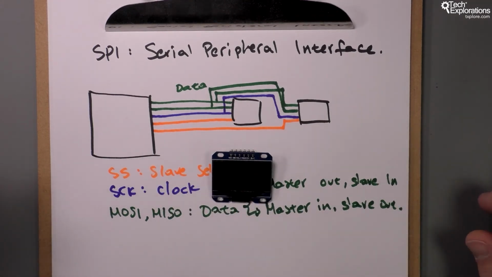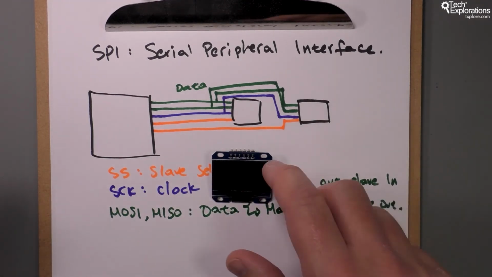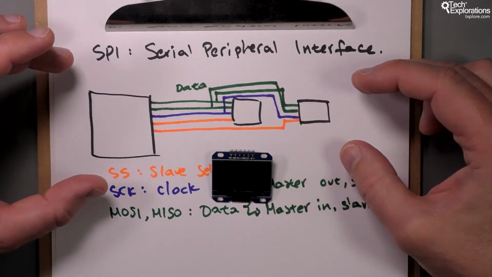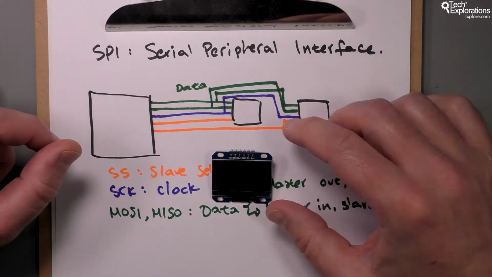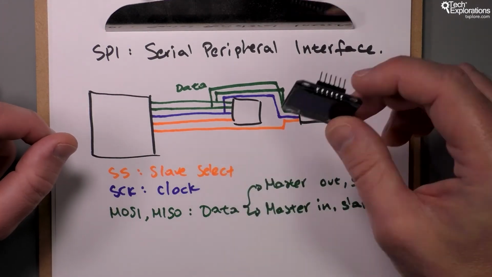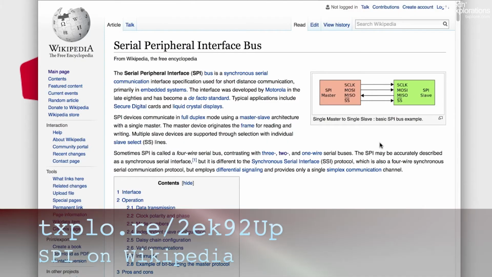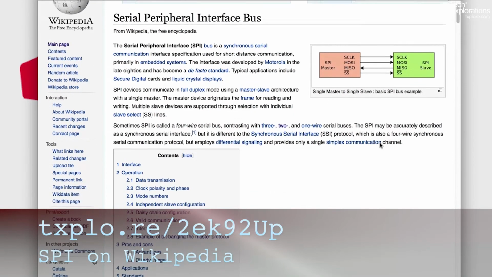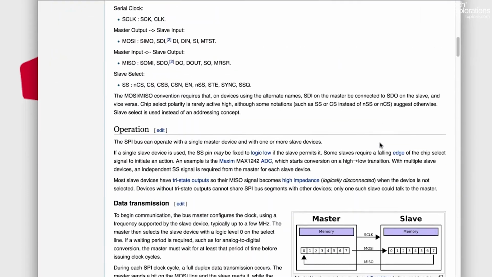There are other configurations by which you can use the SPI interface, but this is the most common one that you find on the Arduino. If you're curious about the details of the SPI, then have a look at this article on Wikipedia. It's packed with information about this protocol.